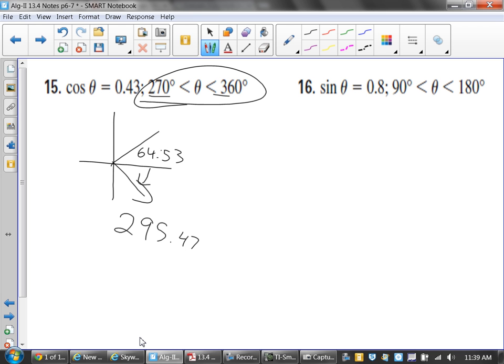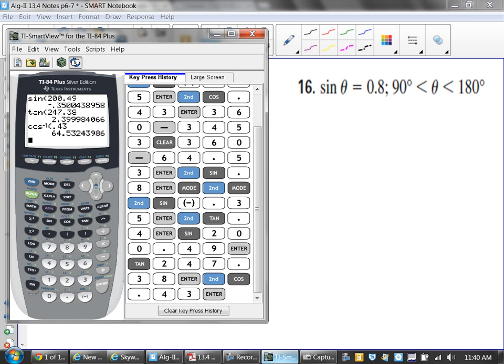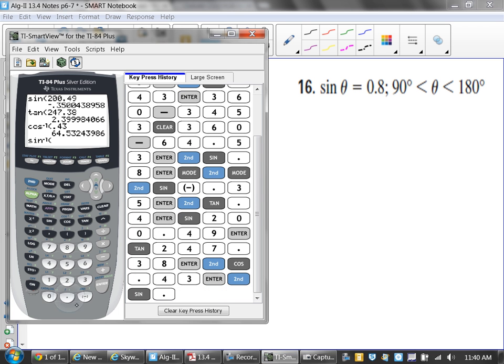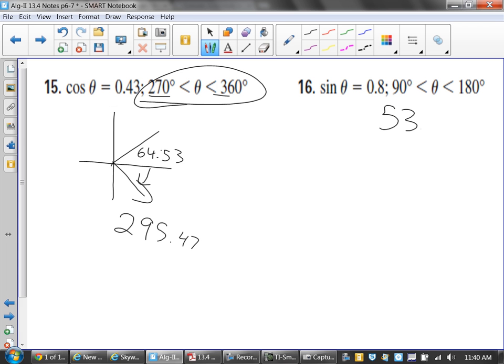Inverse sine of 0.8. What'd you get? 53.13, okay? Again, if that's the reference angle, that's coming out of the first quadrant. Isn't that its own reference angle?